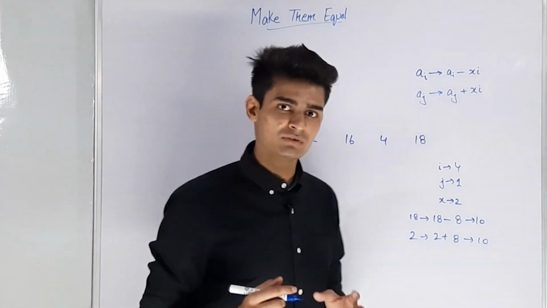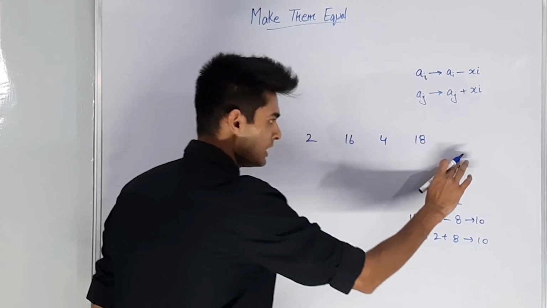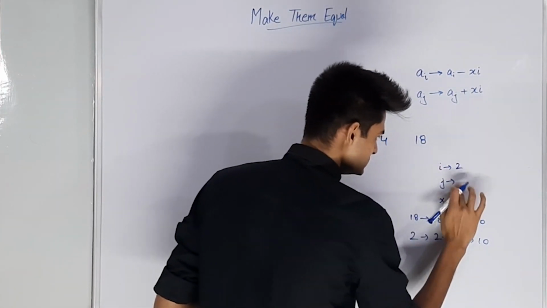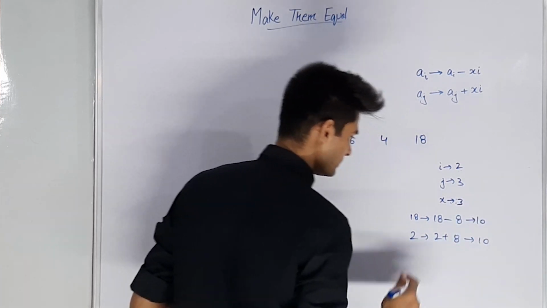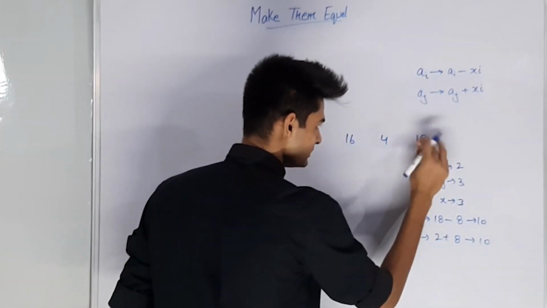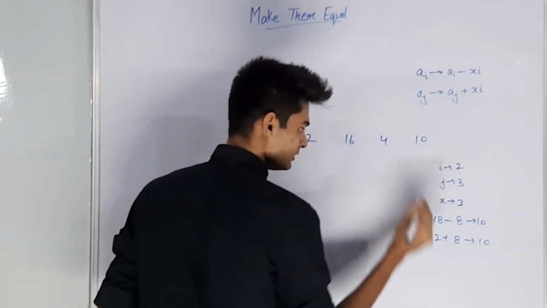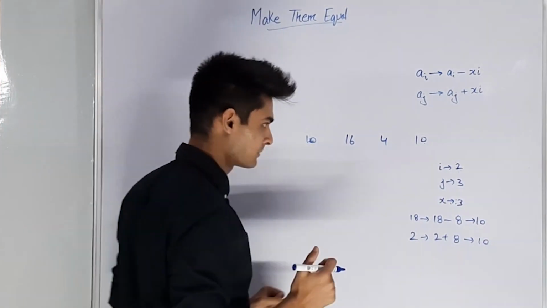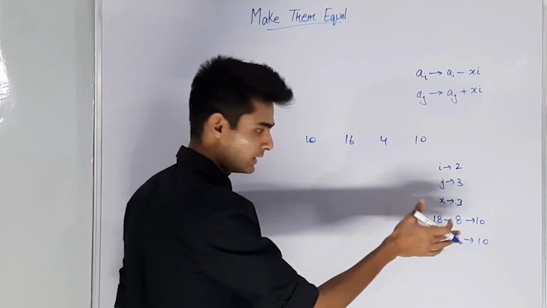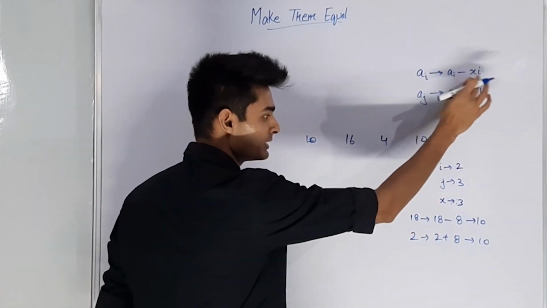Now the next operation will be 2, 3, 3. So i becomes 2, j becomes 3 and x becomes 3. Now we know that this 18 is 10, so we'll change this 18 to 10, and this 2 is also 10. Now according to this rule again, a_i should become a_i minus x times i.